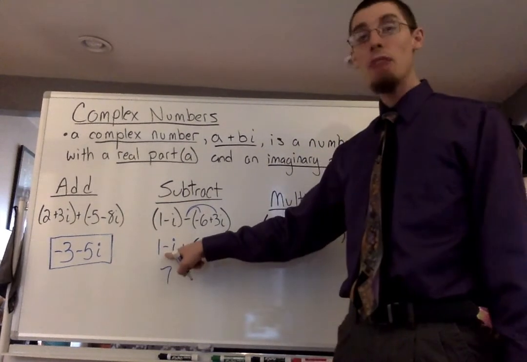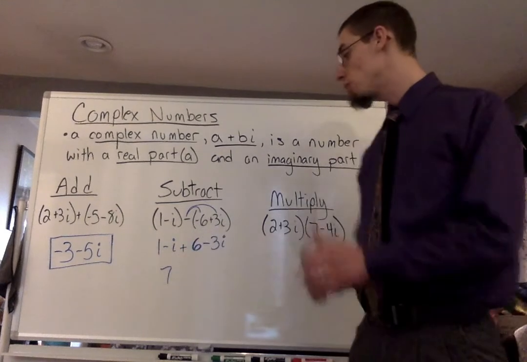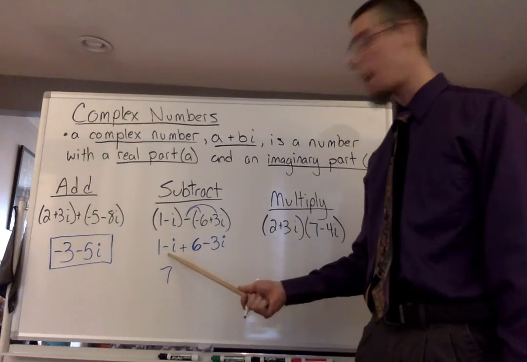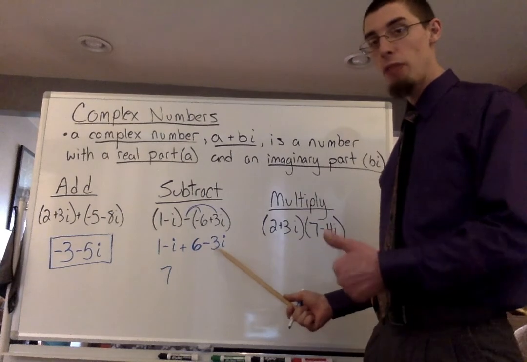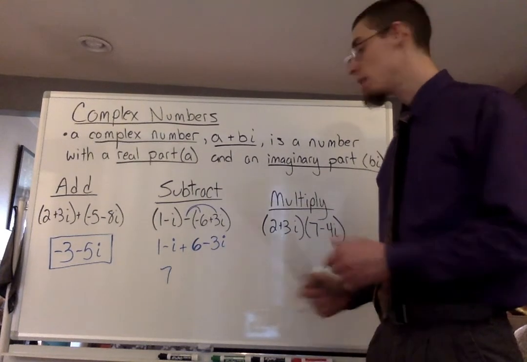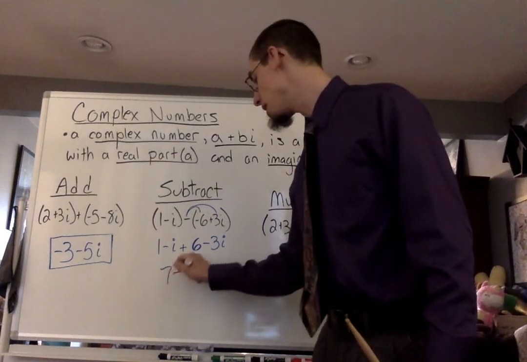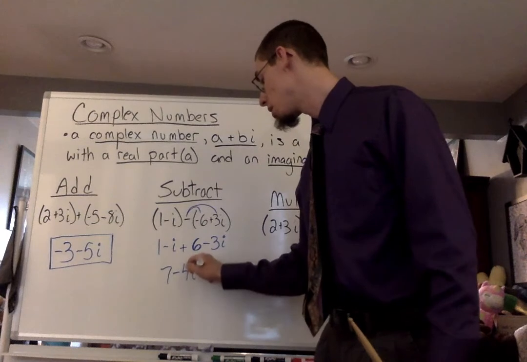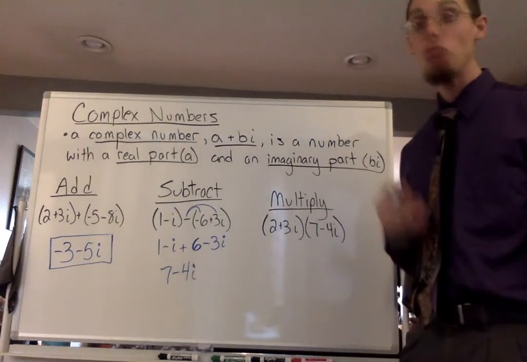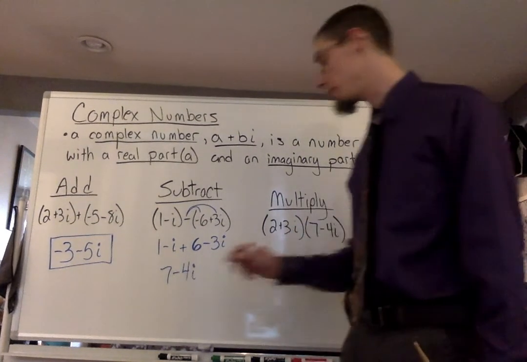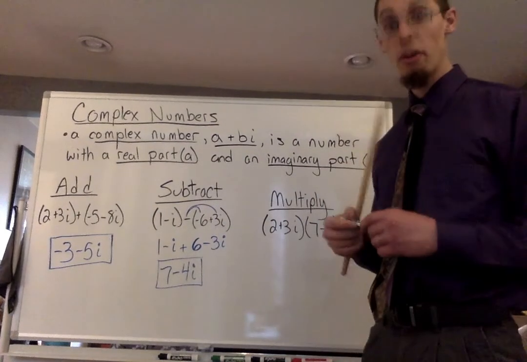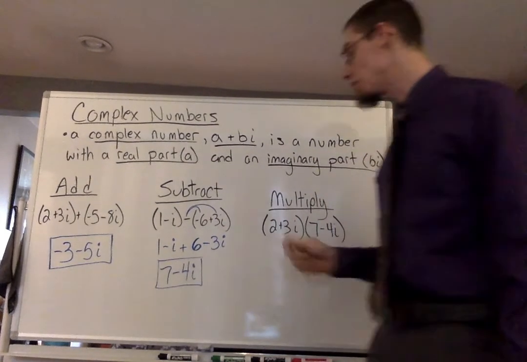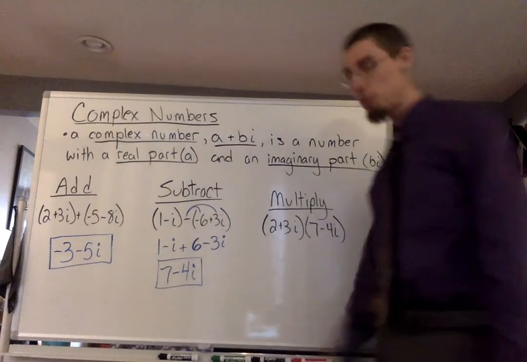That is a negative 1i, so negative 1i, negative 3i. Negative 1, negative 3 combines to negative 4i. So you get 7 minus 4i. Very, very simple. You're literally just combining like terms.